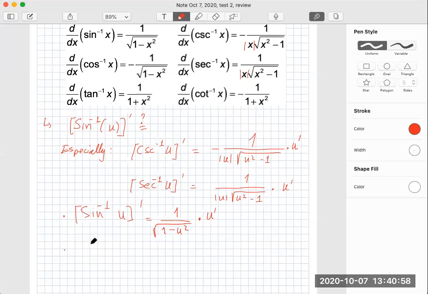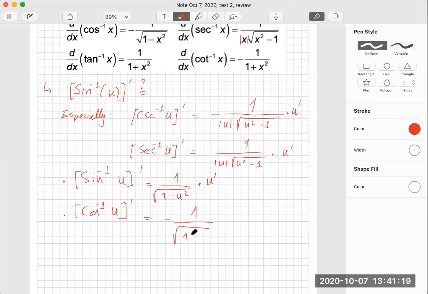And the derivative of cosecant inverse of a function u, applying the chain rule. So the similar story we will have, and then multiply with u prime, right?